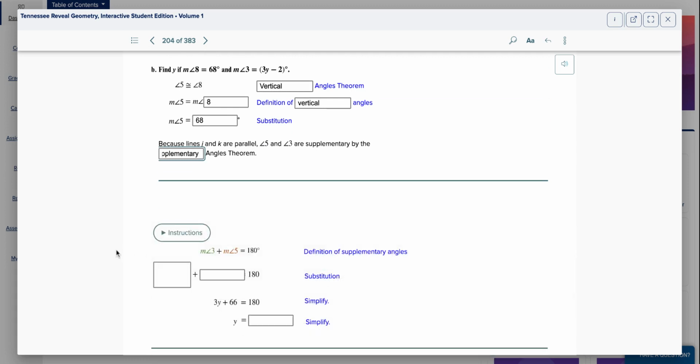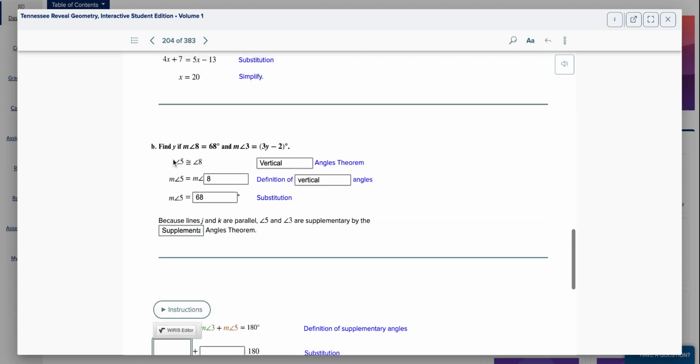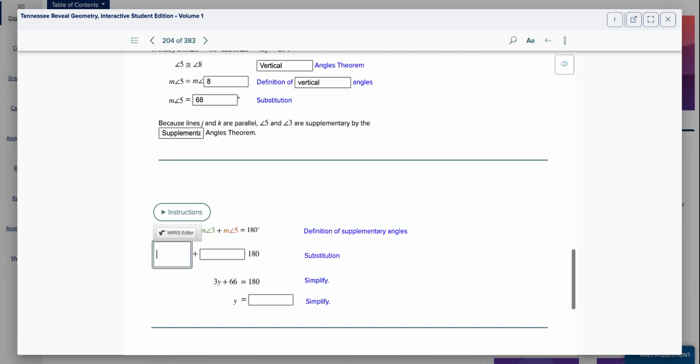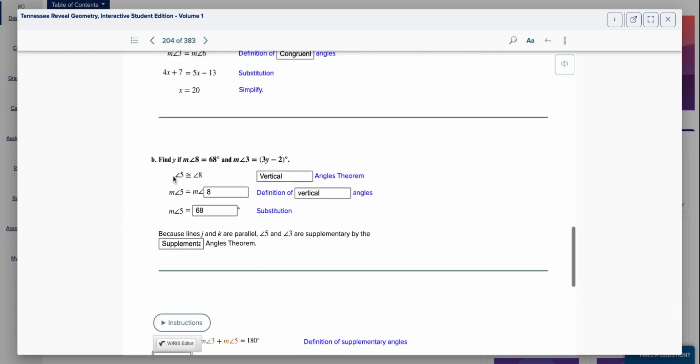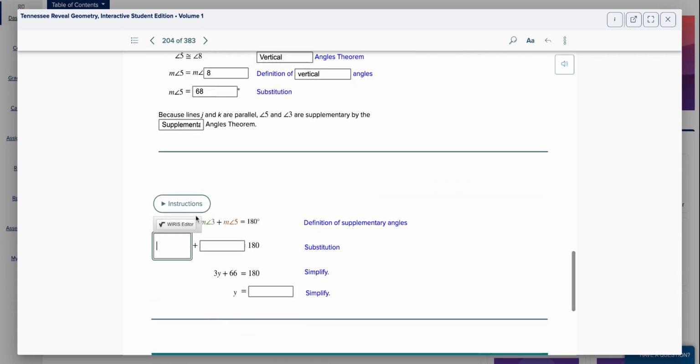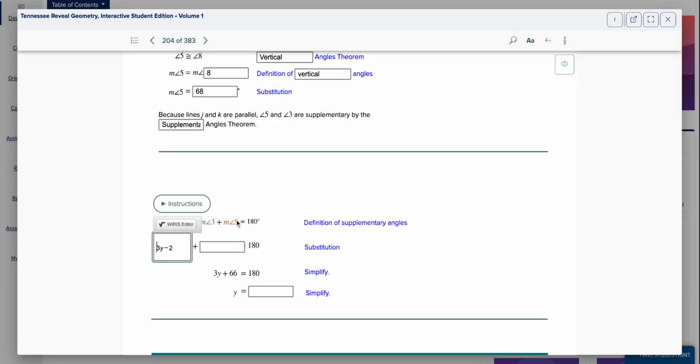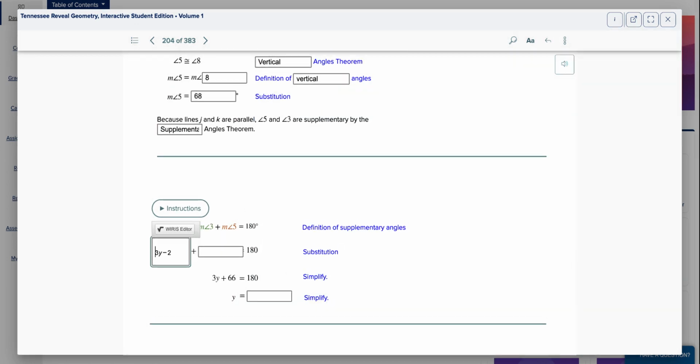And they're going to add up to be 180 degrees. So if angle 3, get back over here. Let's see, where are they going with this? Angle 3 is 3y minus 2. So let me put it here. And angle 5 is 68 degrees.